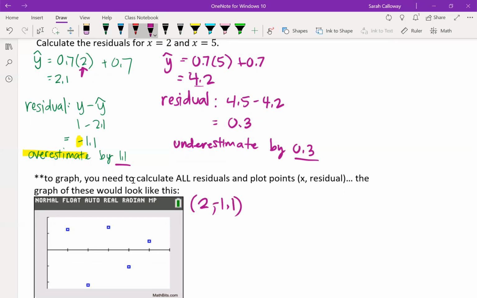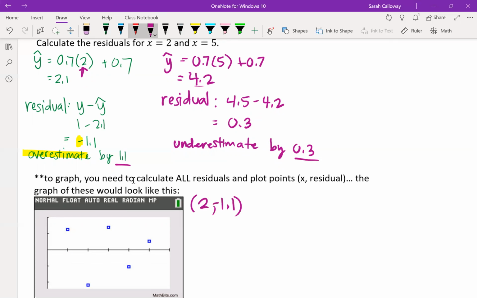So something that is linear is still going to have a scattered graph for residuals. If this graph didn't look all scattered, if it had some kind of curved shape, then that would tell me that linear regression isn't a good model.